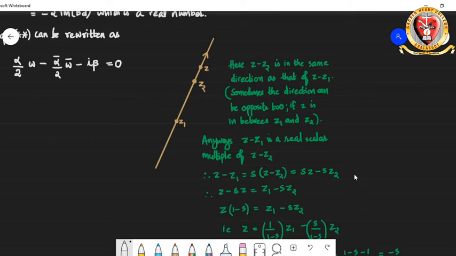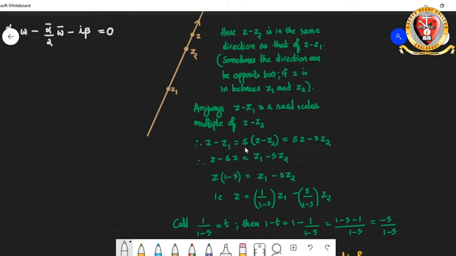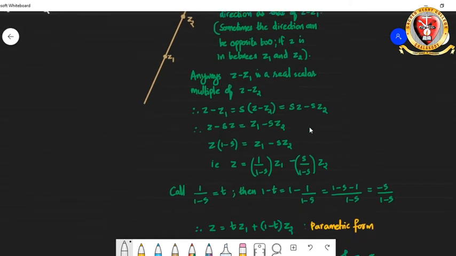So I can write it as z minus z1 is equal to some real scalar s times z minus z2, that is equal to sz minus sz2, and rearranging, you are getting z is equal to 1 by 1 minus s into z1 minus s divided by 1 minus s into z2.